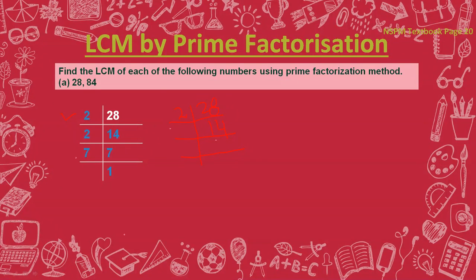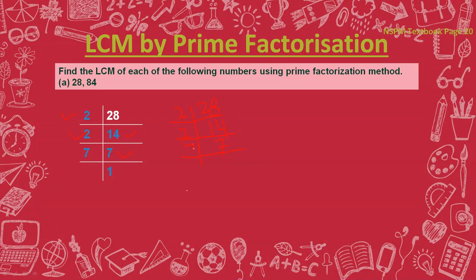Now 14 again comes in the 2 table. I can divide it by 2. 2 sevens are 14. It becomes 7. Now 7, can I use 3? Not possible. 5? Not possible. I am just using the prime numbers here.